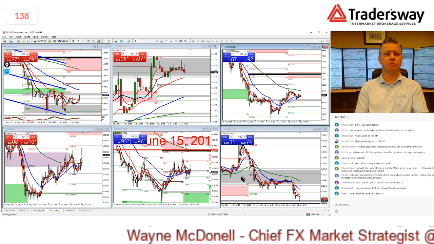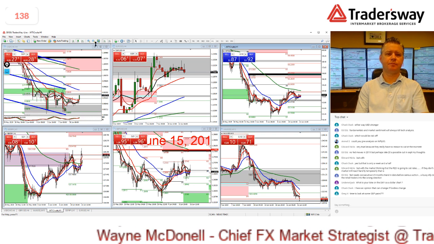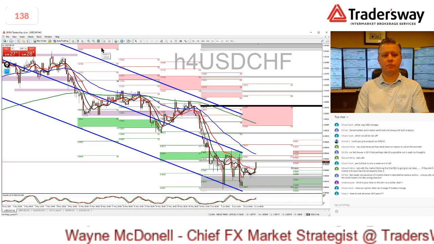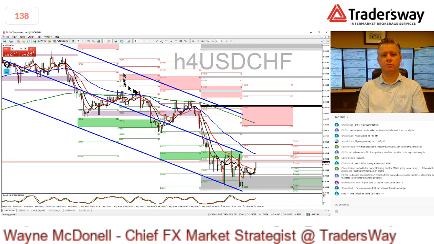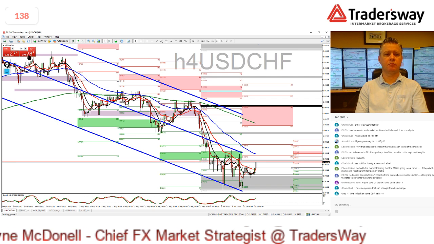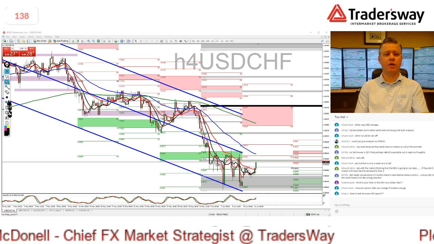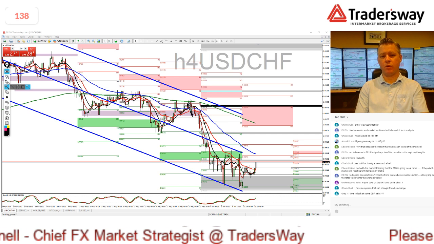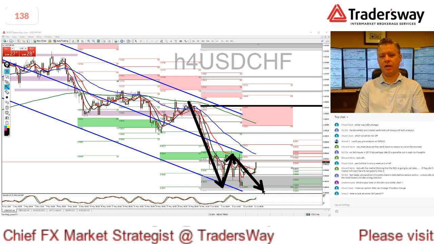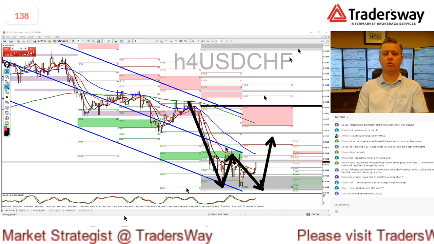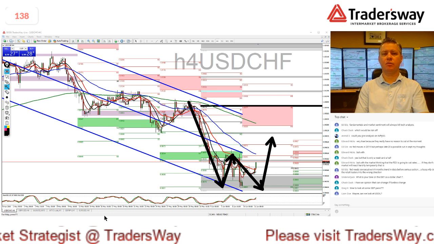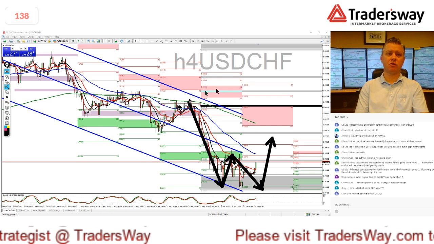Pound pairs? Sure. Okay. This is something I set up in NFP as well. And I said, if euro dollar falls, this one will rise, which also means if this one rises, euro dollar will fall.